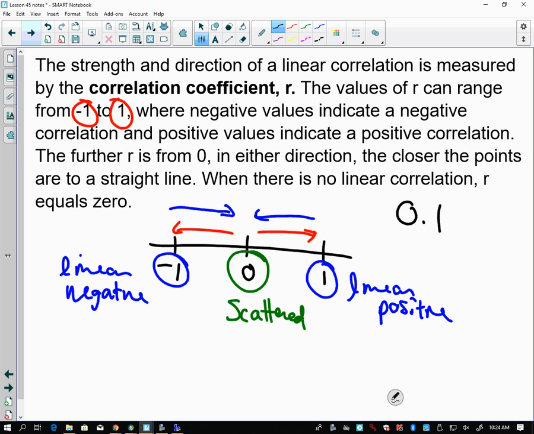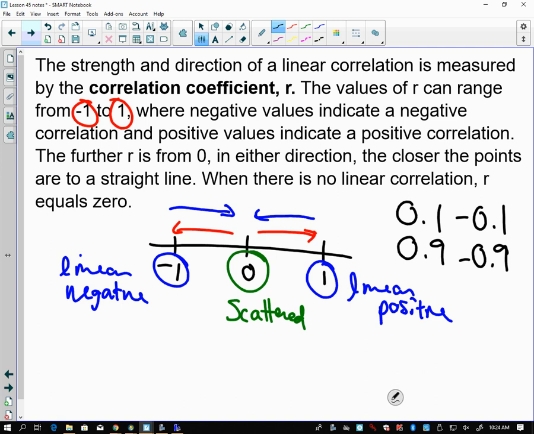Okay. What about 0.9? Scattered or linear? Linear, because 0.9 is closer to 1. 0.1 is closer to 0. What about negative 0.1? Is that scattered or linear? Scattered. What about negative 0.9? Linear, but going down.